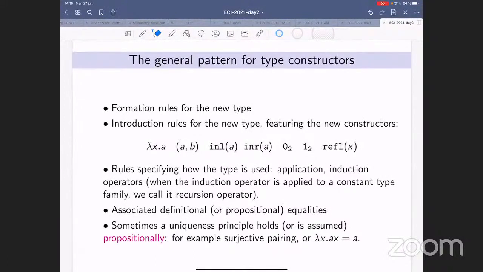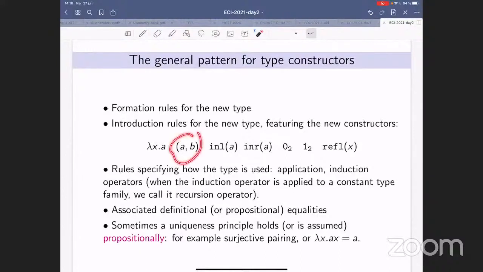So you provide a new type former by first giving a name to this, to say how you form this type. This is the first item here. Then you give constructors for this type. Here I have summarized those for the pi type, because it also has constructors.